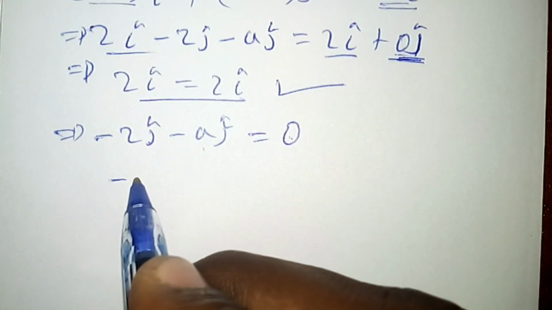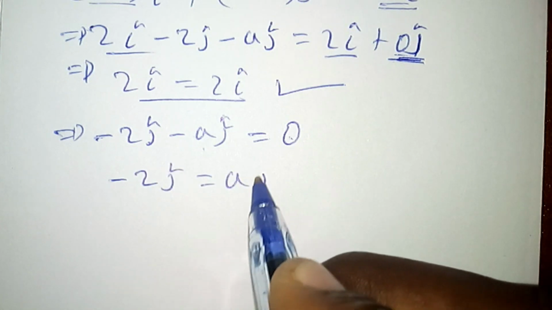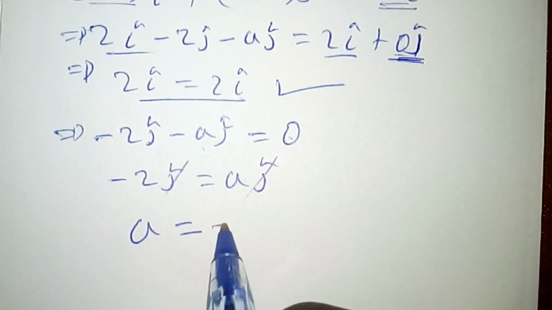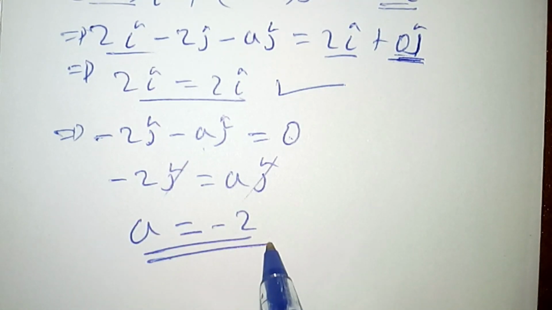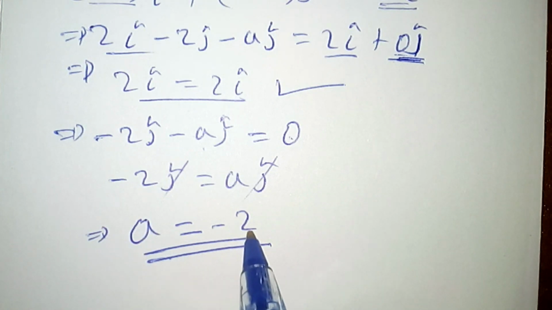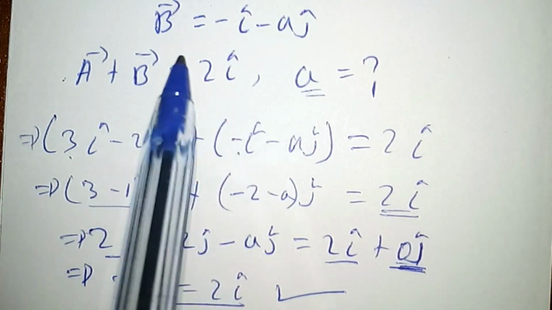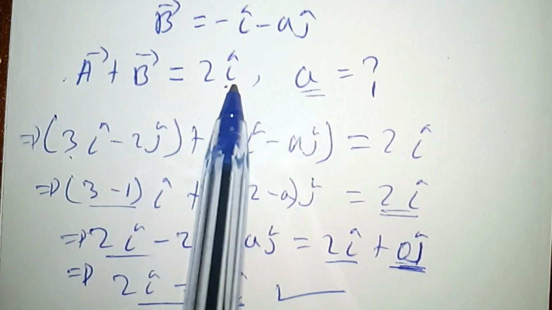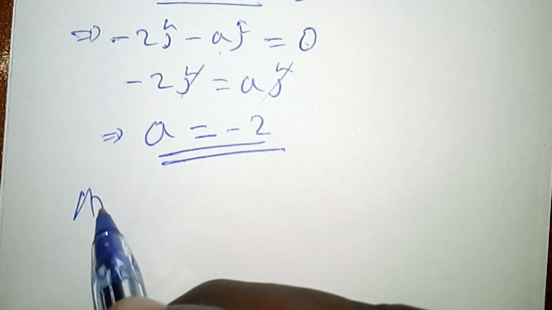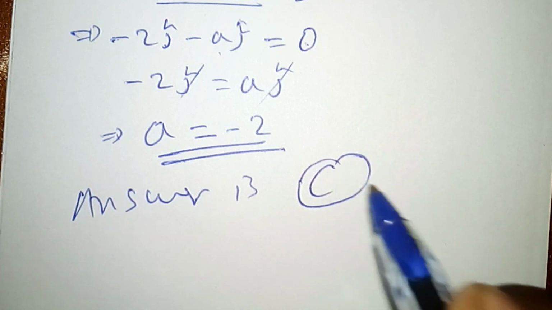That is minus 2j is equal to aj. I can cancel j, and the value of a is equal to minus 2. That is the final answer. So a must be minus 2 for the two vectors such that A plus B is equal to 2i. So the correct answer among the given alternatives is minus 2, which is C.